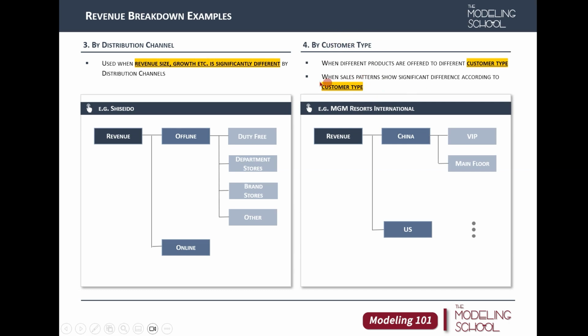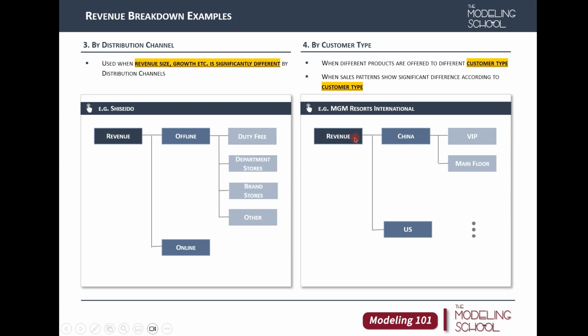When products are offered to different customer types, one of the main breakdowns would be, are they selling to the customers or are they selling to businesses? So in other words, B2C versus B2B. And for the case of MGM Resorts International, if you have been to Las Vegas or Macau, there's a huge casino hotel that's named MGM.